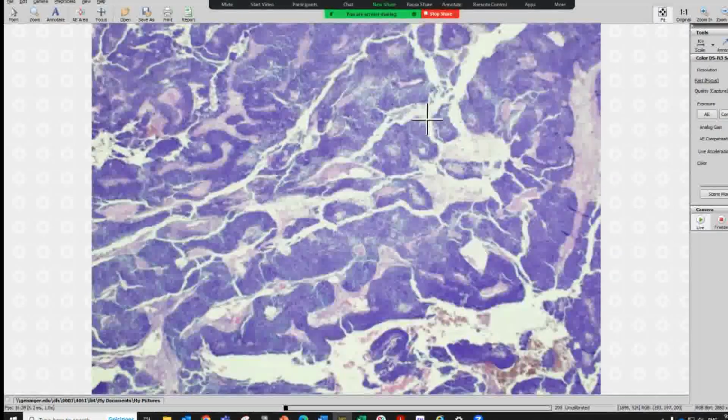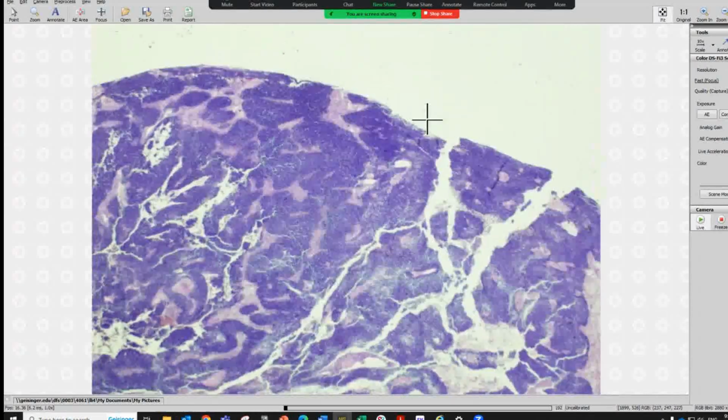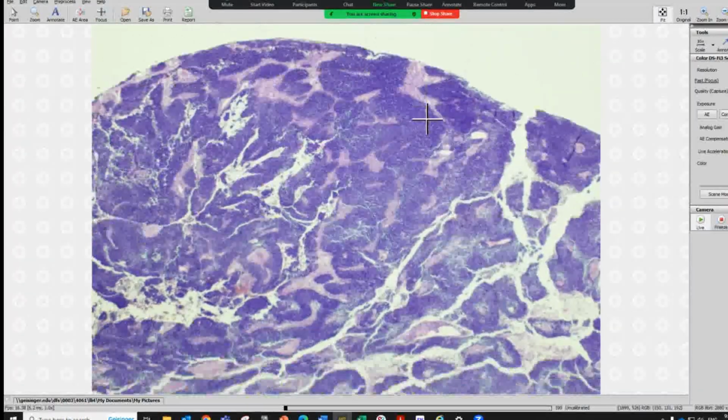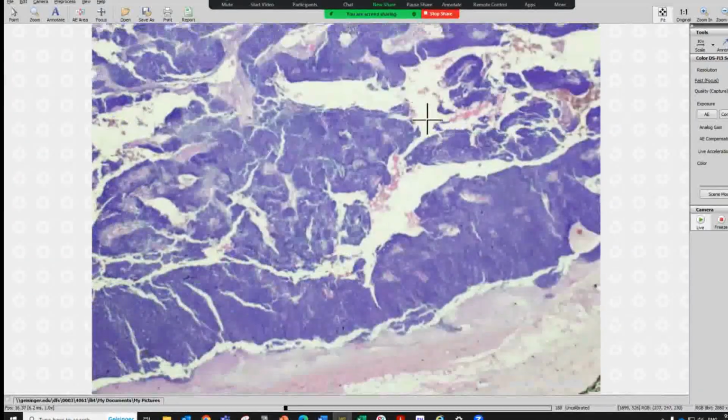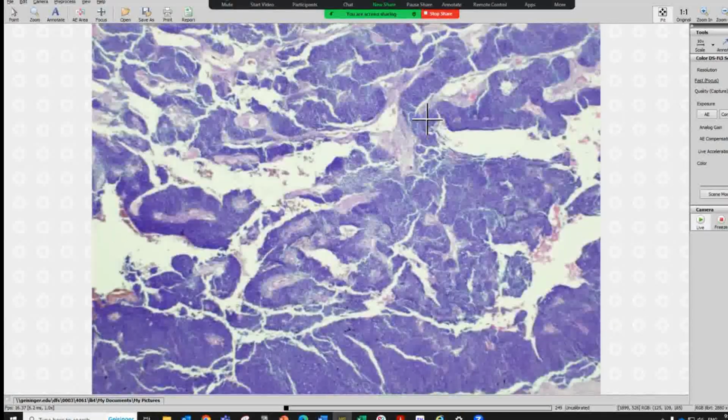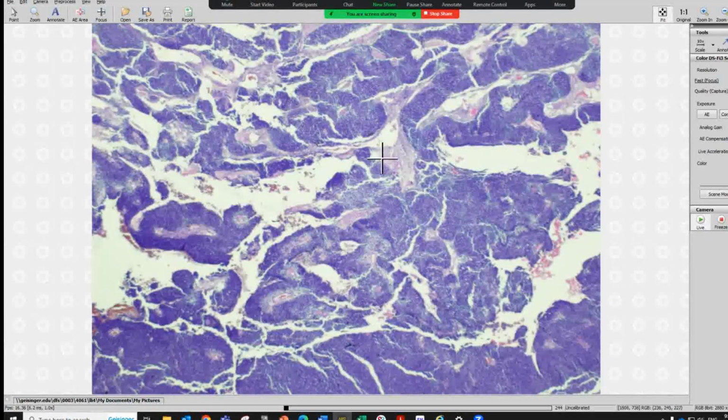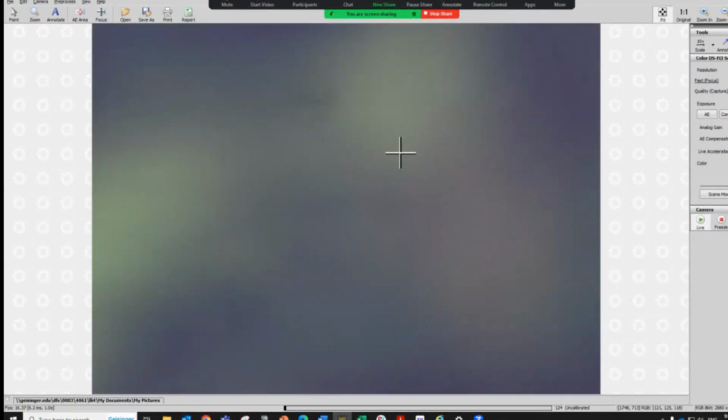And when we screen around, we can see really minimum stroma. But I can show you the stroma. Even in this power, you can see a little bit of nuclei there. Let's go to higher power to show you clearly.